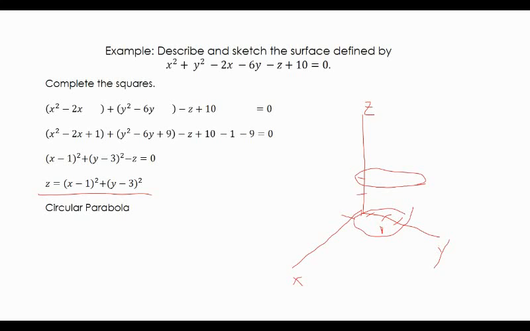So essentially what we get out of this is a parabola that kind of moves like this. Boy, that looks terrible. I can maybe smooth this out a little bit.